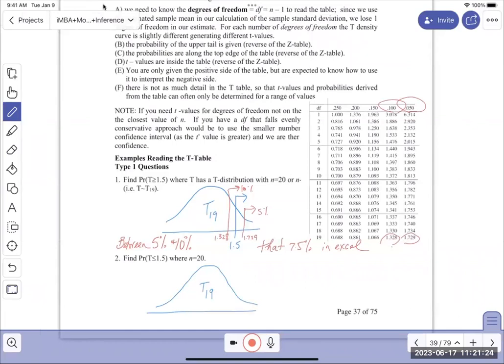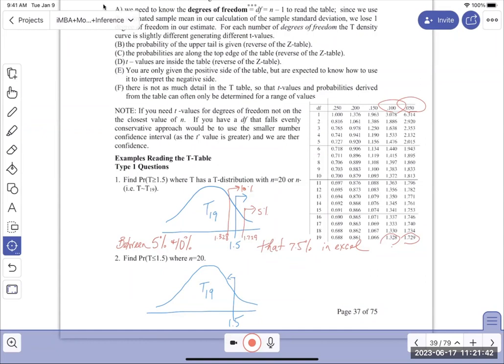It's the same sketch, but I'm going this way now. So what's the answer? Yes, it's just going to be 1 minus 7.5, right?